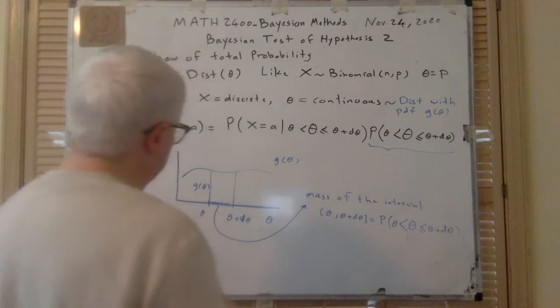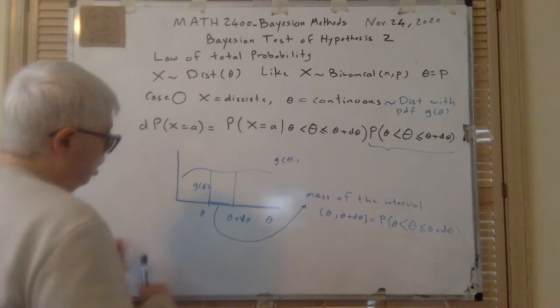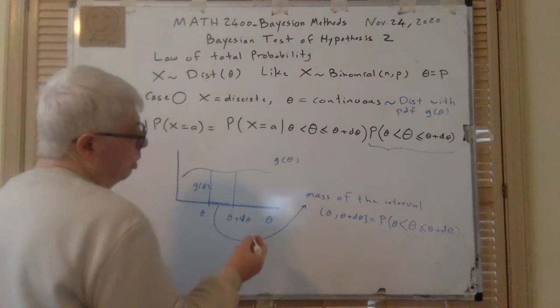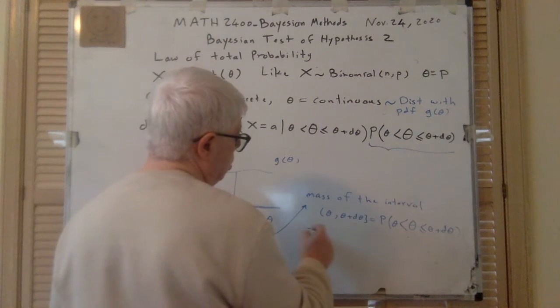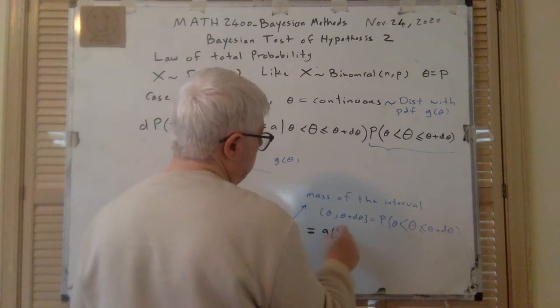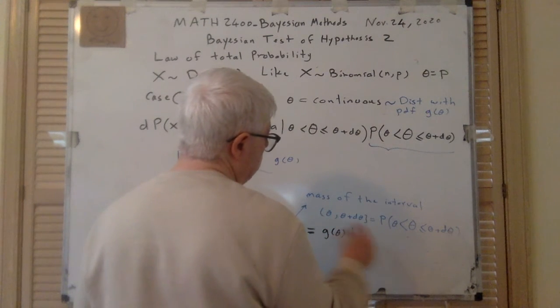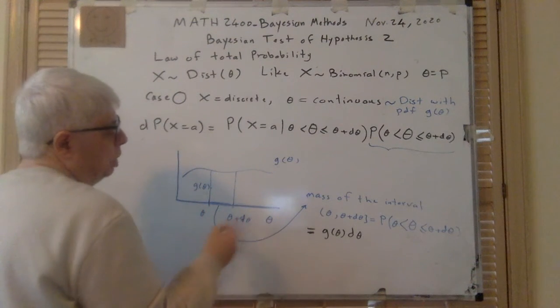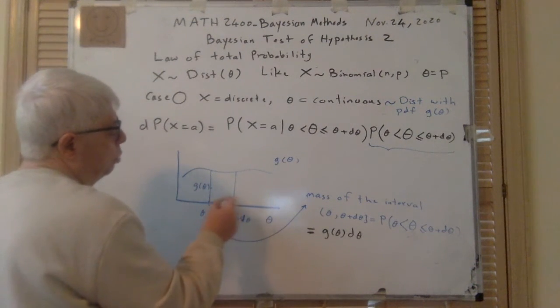Okay, now let's go back to Calc 2. The mass of this thing is simply what? It's simply this function times this, so it is g theta d theta. Incidentally, this g theta d theta is also what?